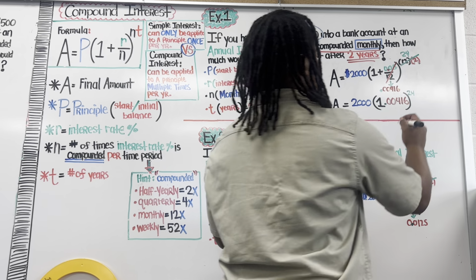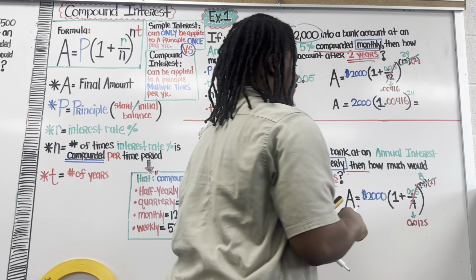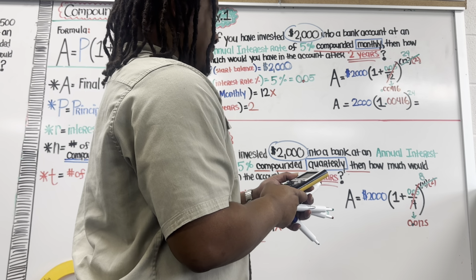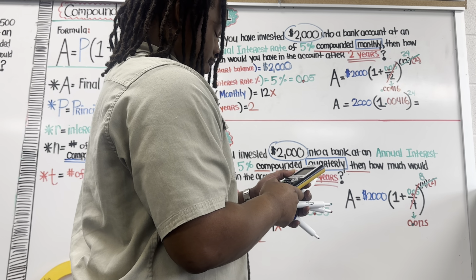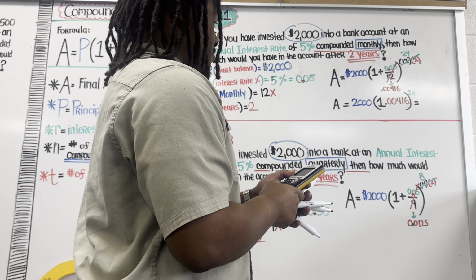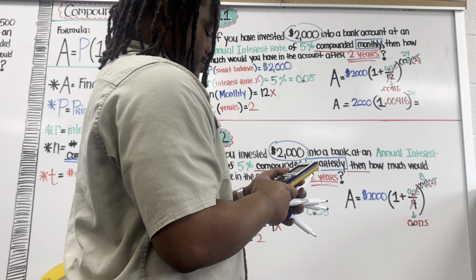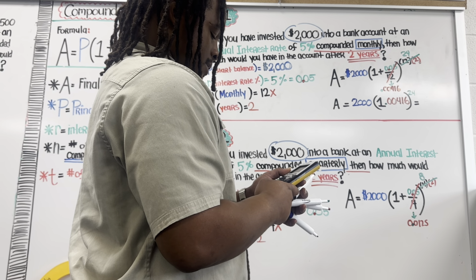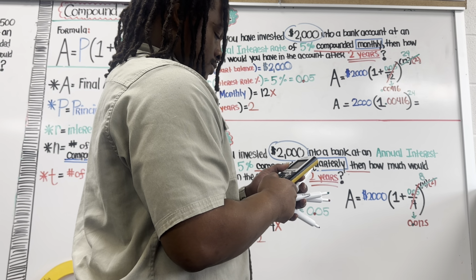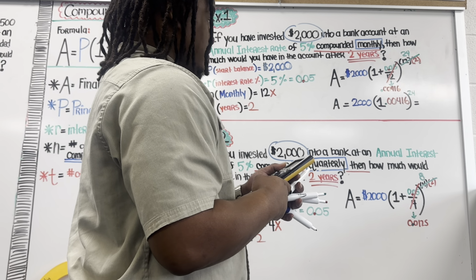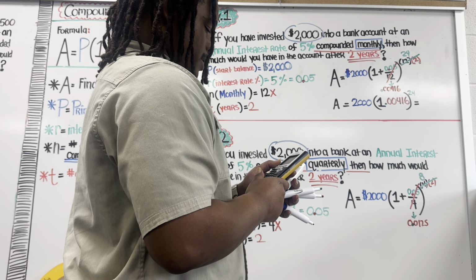All right, so we can actually solve the first one right now. Let me go ahead and put that number inside. I'm going to do parentheses. I'm just going to write it the way it is. So I have 2,000 times, in parentheses, 1.00416, parentheses to the 24th power, parentheses close. Okay?